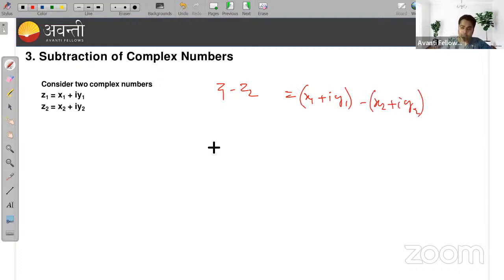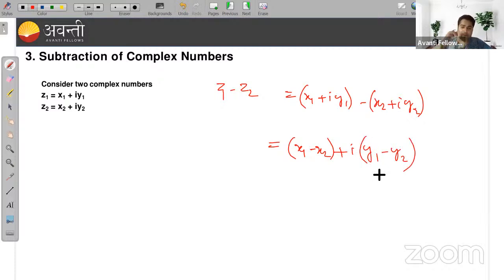In a similar way to how you can add two complex numbers, you can also subtract one complex number from another. Here also we can write this as x1 minus x2 plus i into (y1 minus y2). So this is how we can subtract one complex number from another complex number.